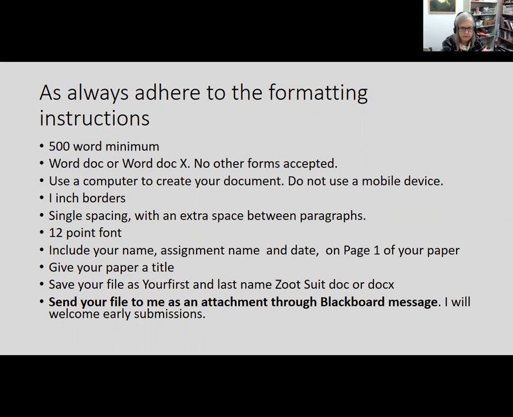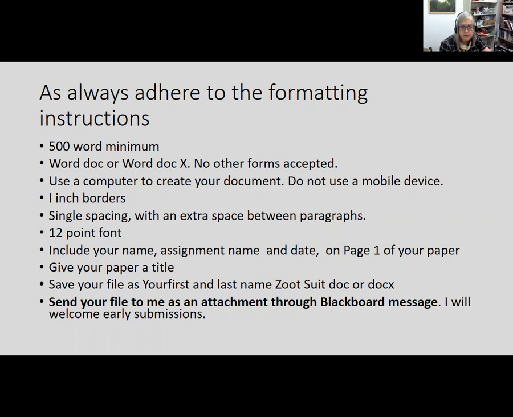And then when you get through writing your paper, after you proofread it, make sure you don't have any typos or grammatical errors or anything. You're going to save your file as your first and last name, Zoot, doc or docx, depending on the capacity of your computer.